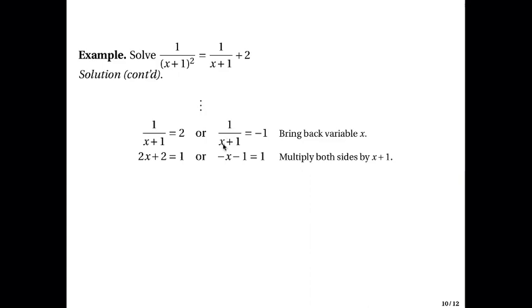So you will have negative 1 times (x plus 1), that will be negative x minus 1. And this part here is just 1. So we solve for x: x equals negative 1 half, or x equals negative 2.